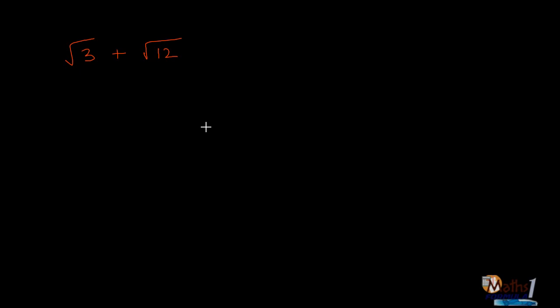If I am adding, I can see that my index and radical are the same. The radicand is not the same, so you cannot add until you simplify the roots. When I say simplify roots, try to prime factorize and simplify in such a way that the number under the radical is not simplifiable anymore. Root 3, I can't do anything because it's already a prime number, so I'm going to keep it as is.